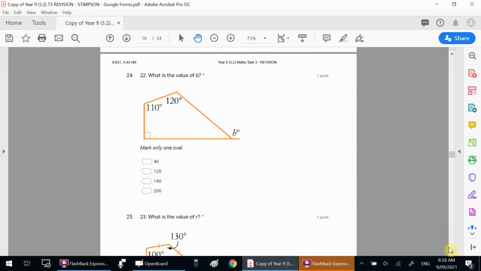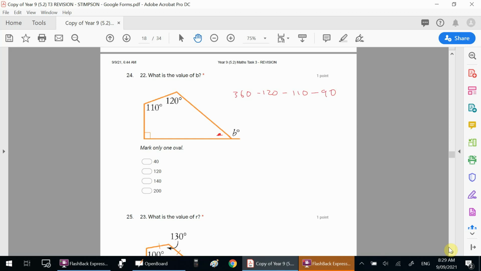Value of B. Okay, B, immediate to me is that B and this angle here are supplementary. So they make 180 degrees. What's also important is that this is a quadrilateral. So the 4 angles here add up to 360 in a 4-sided figure. So if we do this, and that's a right angle, we should get the size of this dot.